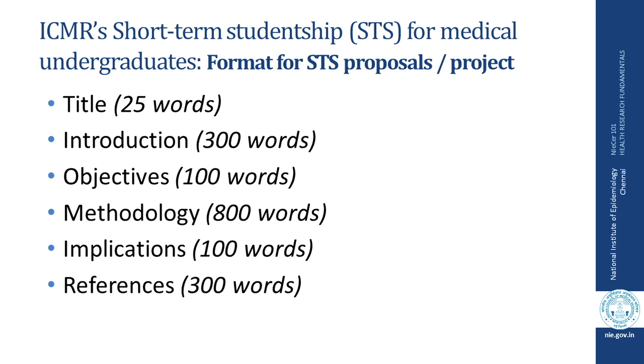They call it STS proposals. The format for STS proposal, the preliminary one, goes like this. It has a title, introduction, objective, methodology, implications and references. This looks exactly similar to the generic format that we just now recommended. The implications is something similar to the expected benefit that we just now discussed.